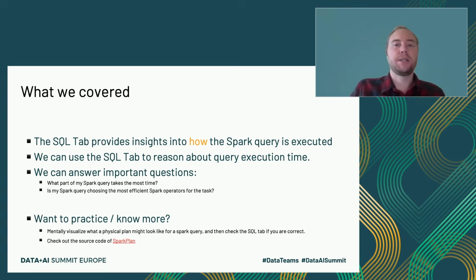Next, we would suggest you go into the Spark source code and look up the Spark plan class, because this class contains all the methods and all the operators. From there, you can dive deeper into the Spark code to see how the Catalyst optimizer computes this query plan, and you will be able to learn a lot more.